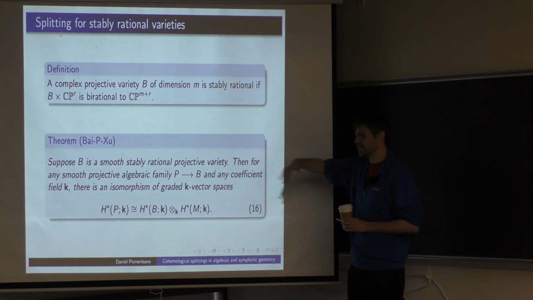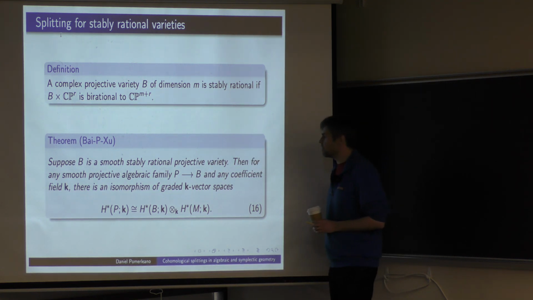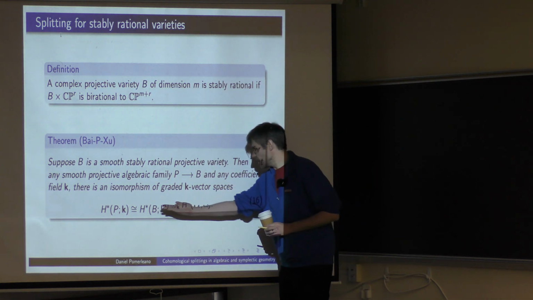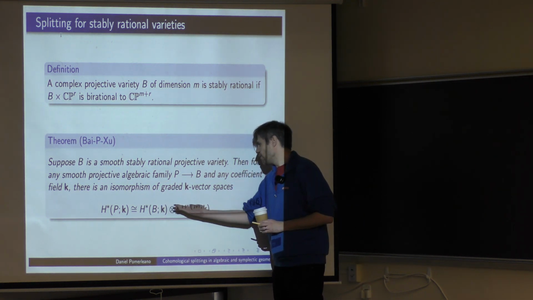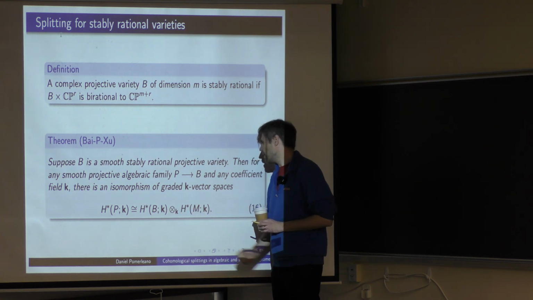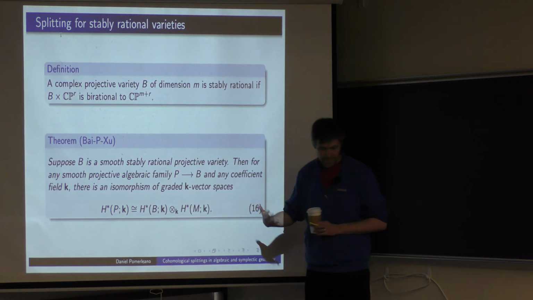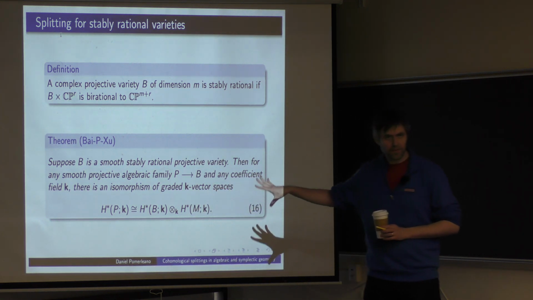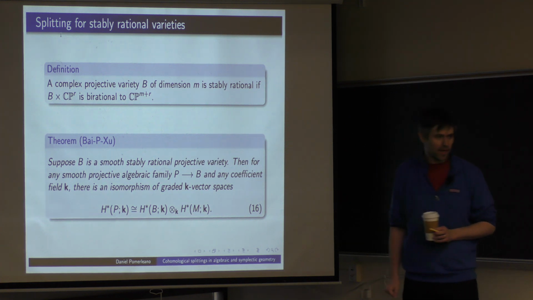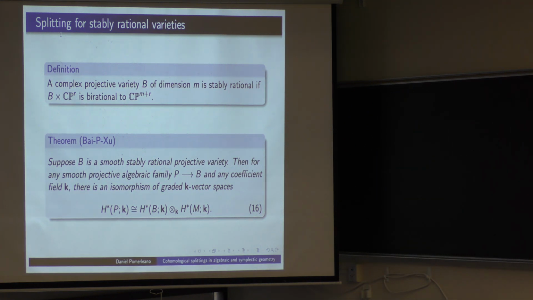If you have a rational base, meaning you're birational to CPN, then you have formality for families with any coefficient field, not just over Q. So this generalizes this Deligne statement, but for specific bases, the formality holds integrally. For technical reasons, we don't know about other complex-oriented theories, if that's interesting. But that's a good place to stop. So thank you.